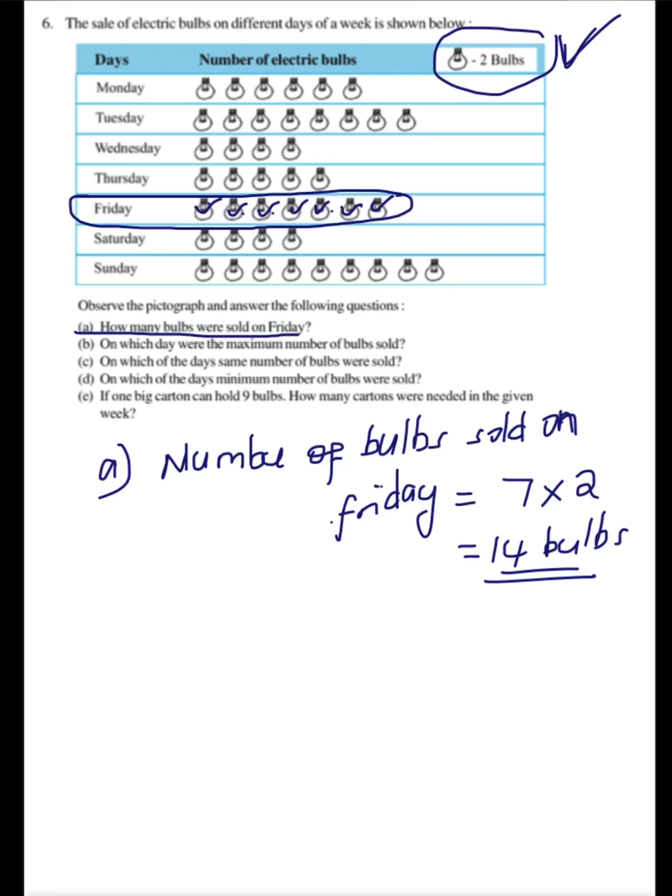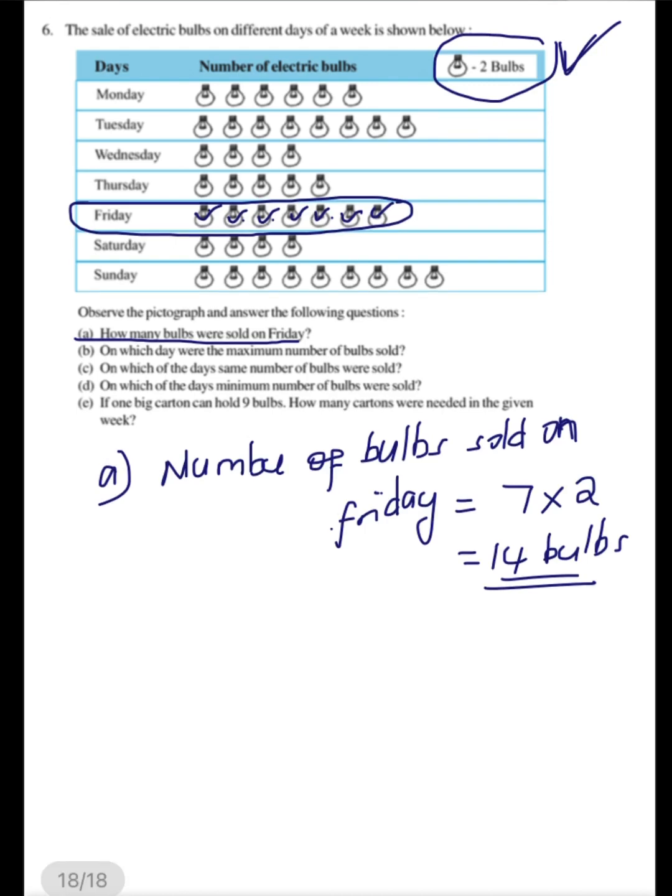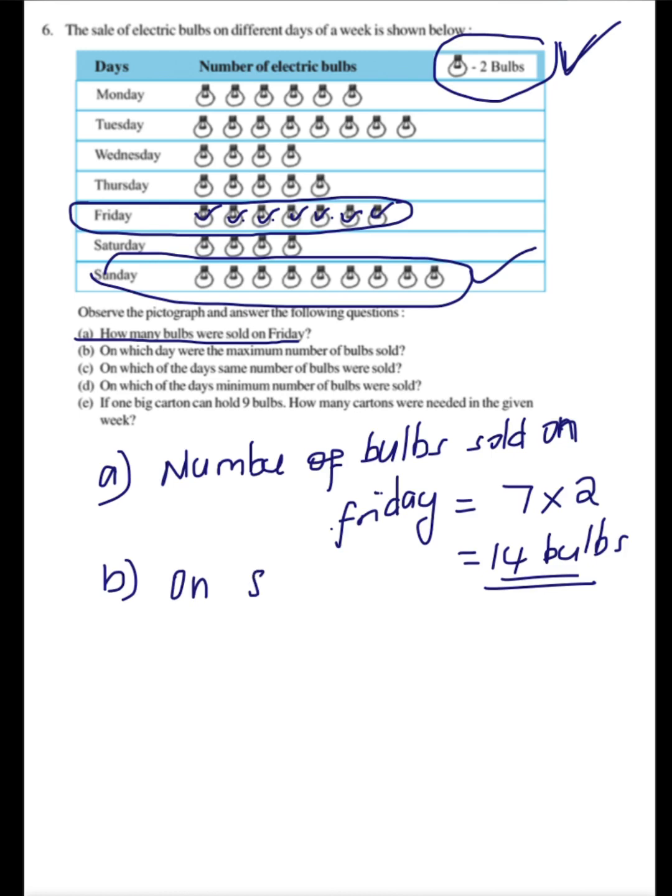Now what is the answer for B? On which day were the maximum number of bulbs sold? By observing this pictograph, you can see that the maximum number of bulbs is marked on Sunday. So you can say that on Sunday the maximum number of bulbs were sold.